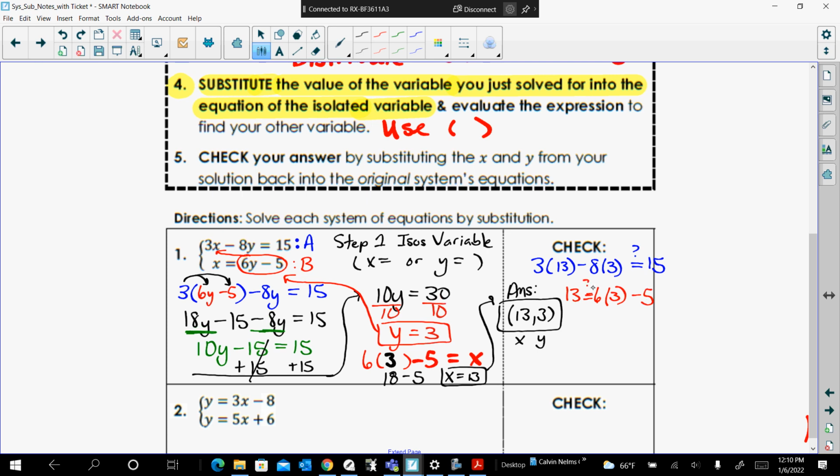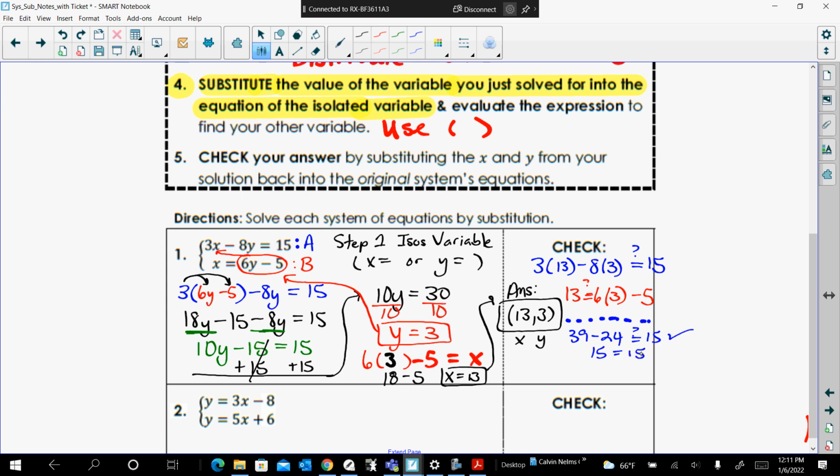Sorry. So when I do the first one, the 3 times 13, that's going to give me 39, right? Y'all with me? So 39 minus 24, does that equal 15? Yes.